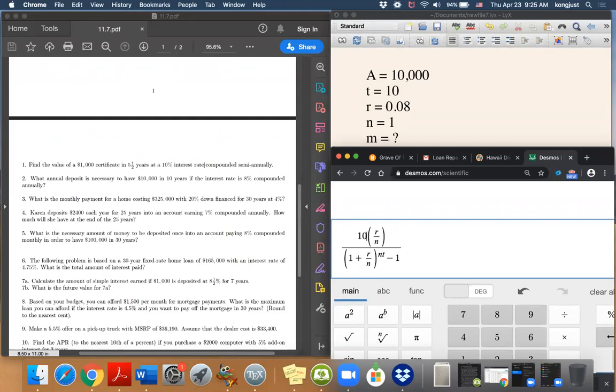Let's see if you guys can plug that in and see if your number agrees with mine. So all I'm doing is just replacing the variables with their actual values.